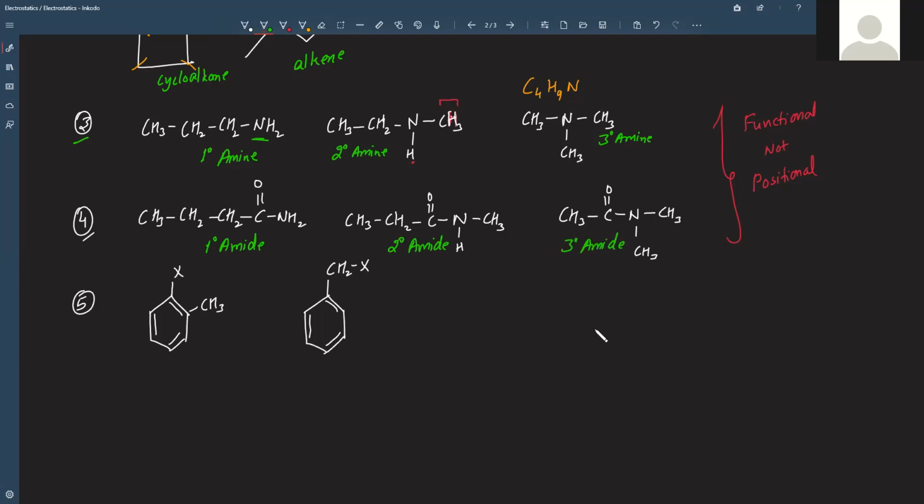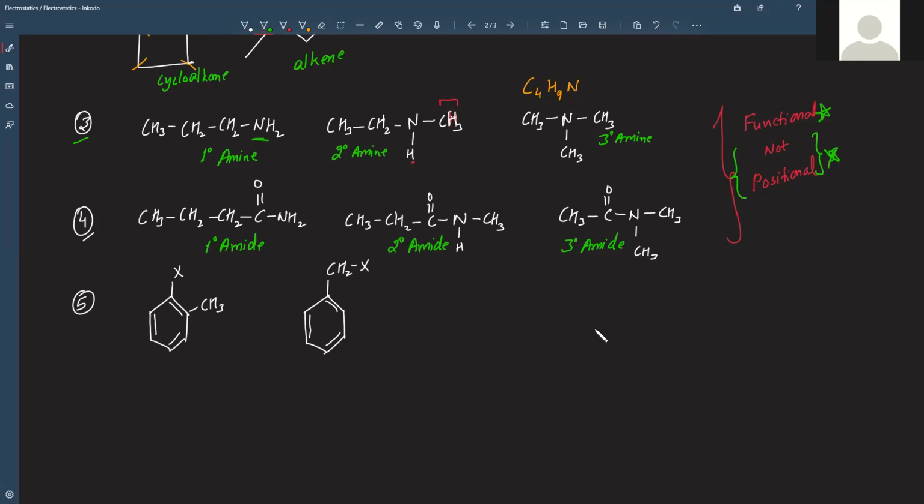So all of them are 3 different amides. Again, this is very important. They are functional isomers. They are not positional isomers. So don't confuse here, right? Okay, come to the next one.